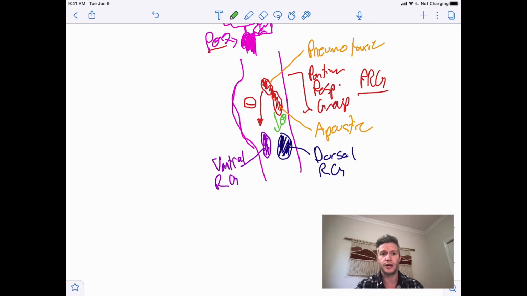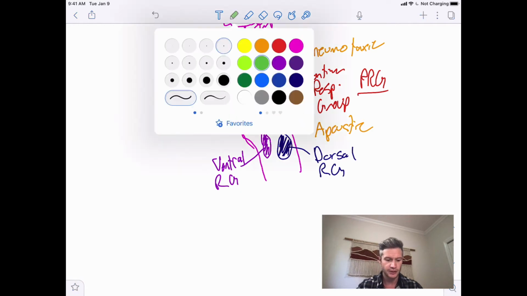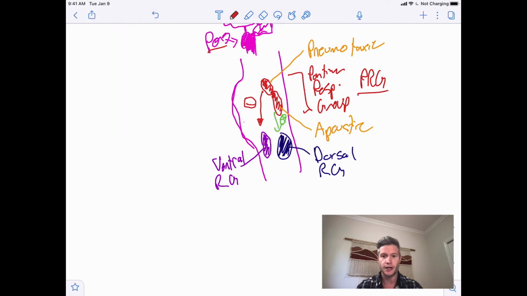Continuing on that regulation, the ventral group innervates the musculature of typically the accessory respiratory muscles, and we'll get to those in a moment. That will help with the rhythmicity of our breathing, because of the accessory muscles that they attach to.